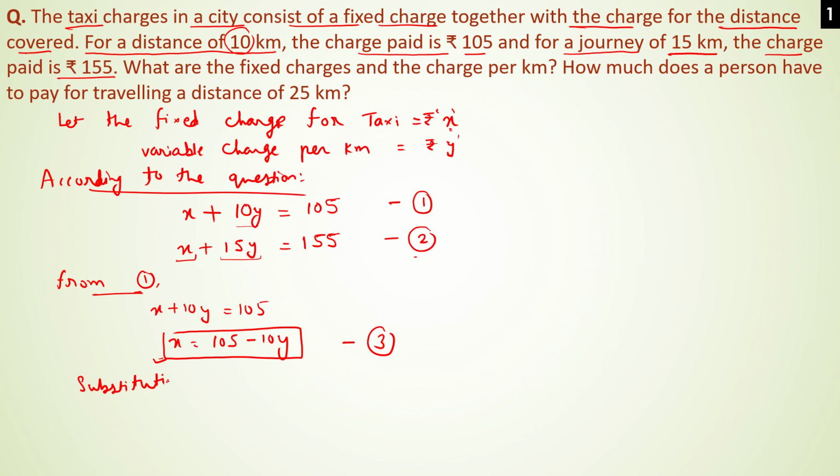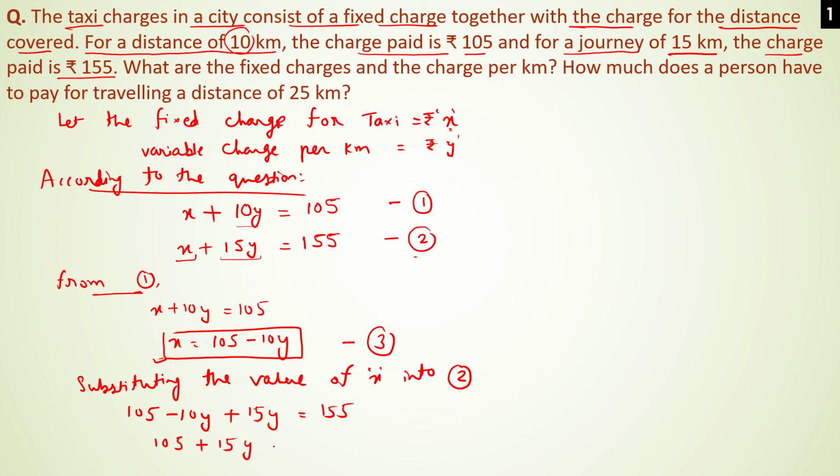Substituting the value of x into second, we get 105 minus 10y plus 15y equals 155. So here we get 105 plus 5y equals 155.